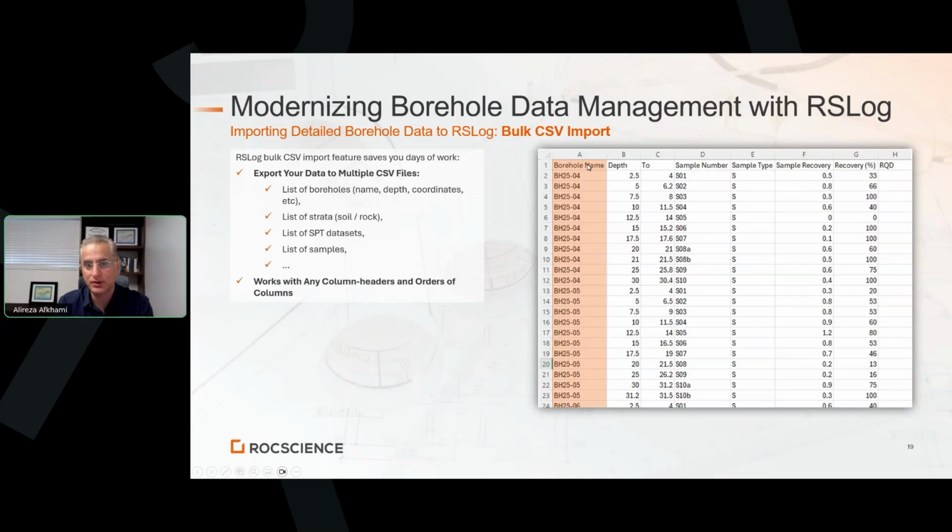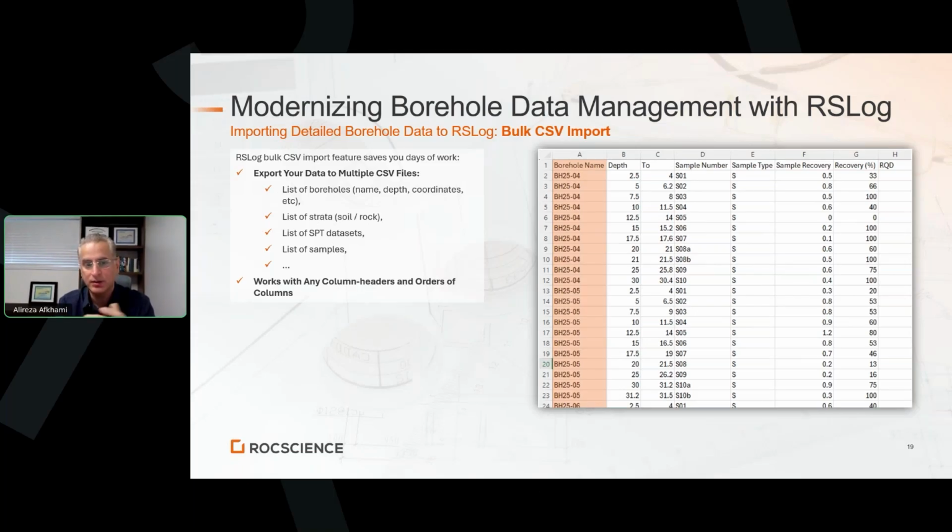You just add a column to it for borehole name. You see, this is BH4 up to this point, and then BH5, and then it starts BH6, right? So all of your sample data for the entire project is in one single CSV file. So if you have that data exported properly and in this format, it doesn't matter the order of the columns or the column header text, none of this matters because we are going to take care of that part.